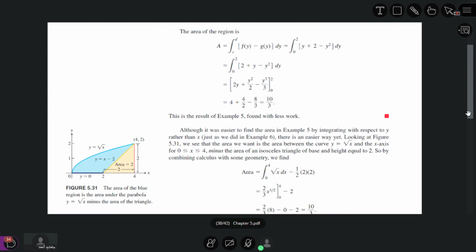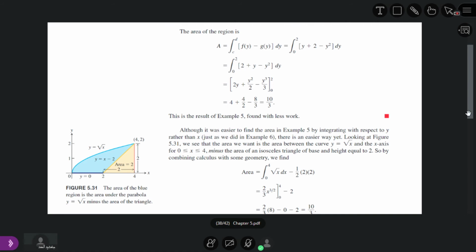Y square divided by 2. What is the antiderivative of y square? Y power 3 divided by 3. So here you can see we have the following antiderivatives.